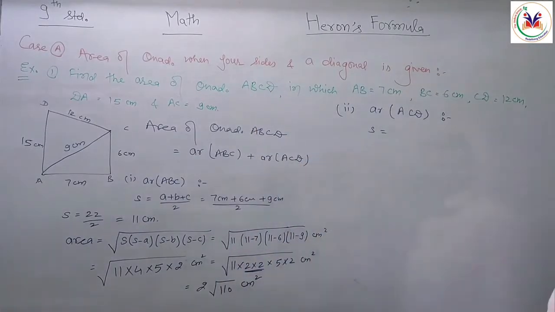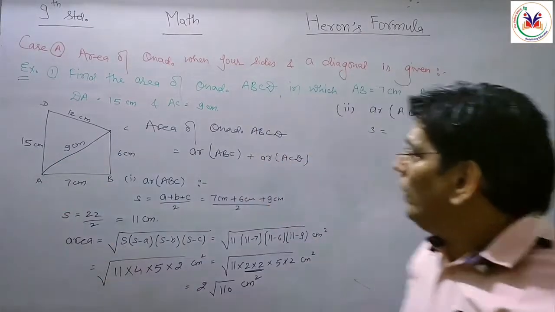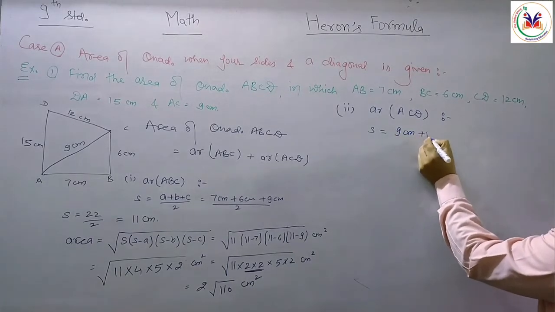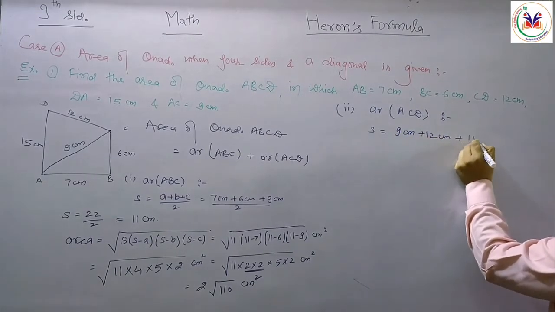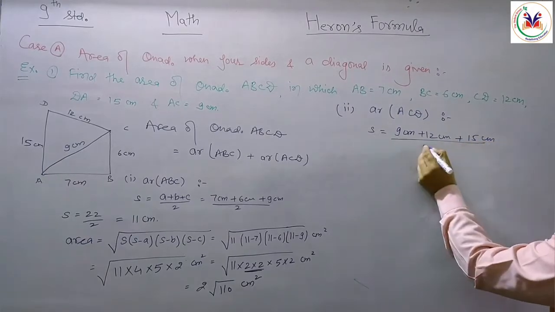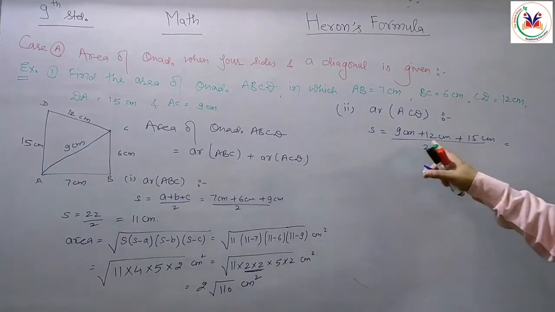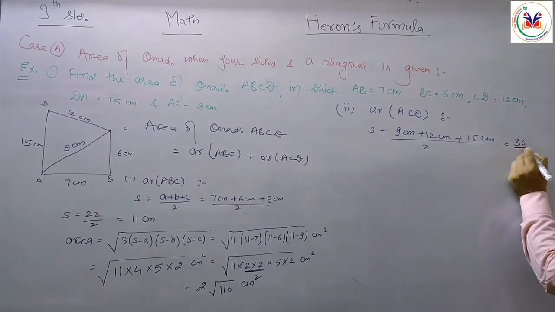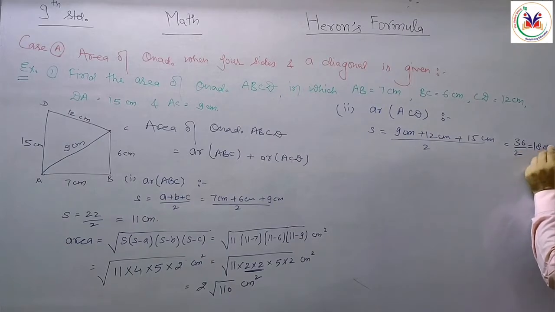First of all, to calculate S, it will be 9 centimeter plus 12 centimeter plus 15 centimeter, divided by 2. 9 plus 12 is 21, plus 15 is 36. Divided by 2, that is 18 centimeter.